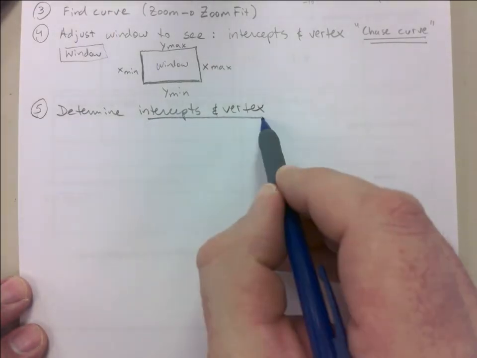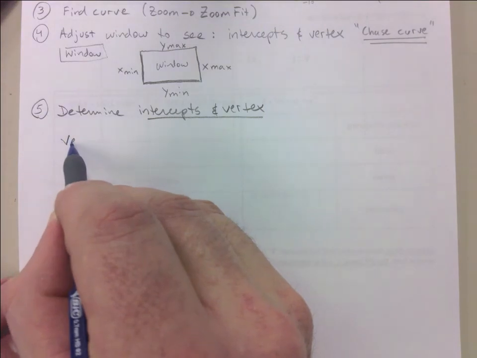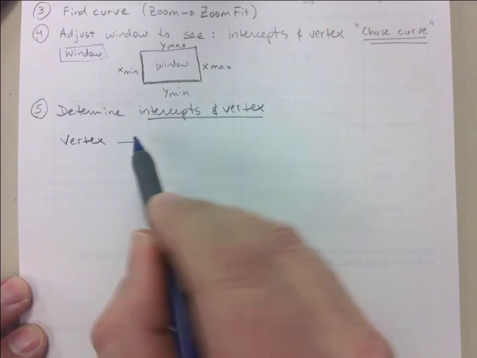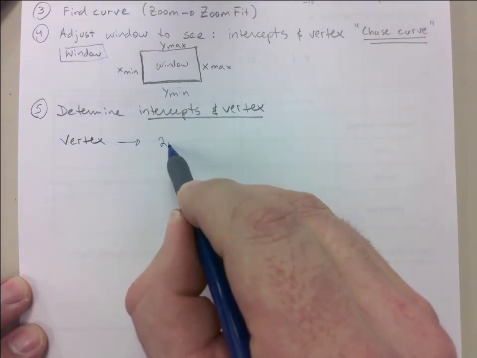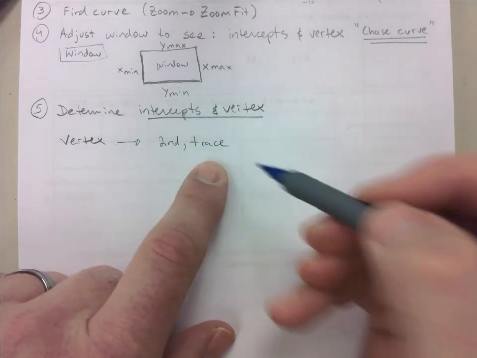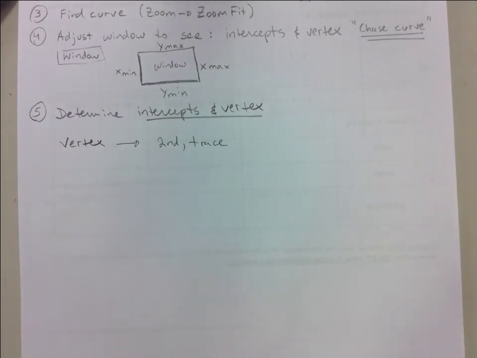Okay, so this is important here. So to find the vertex, you use second trace. You press these buttons. Second trace is going to be used a lot, right?